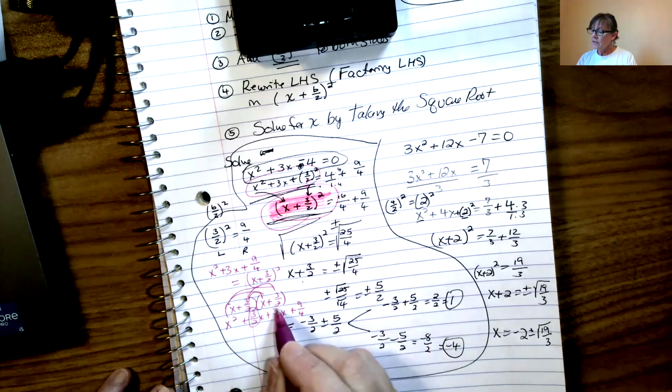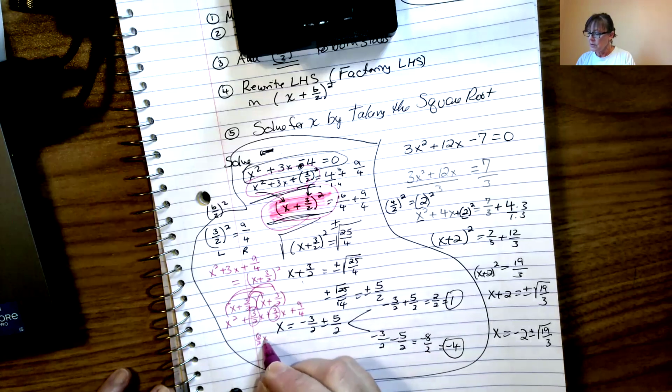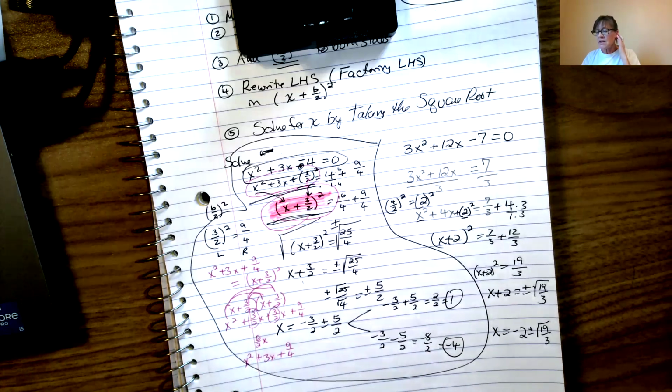If we add these two like terms, 3 over 2 plus 3 over 2 is 6 over 2. So that's going to be a 3x. Over here we have a 9 over 4. Over here we have x squared. This is not unique. This is not the only time this is going to work. It's going to work every single time, because the method of completing the square is creating a perfect square trinomial.